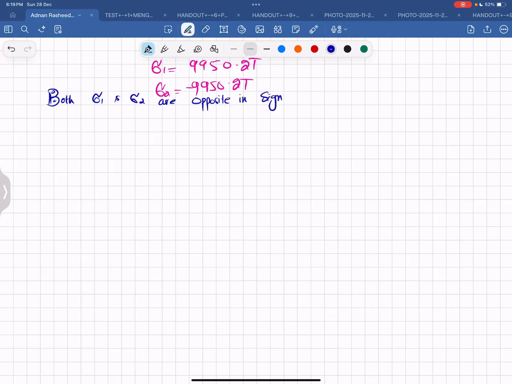When both principal stresses are opposite in sign, according to the maximum shear stress theory, we take sigma 1 minus sigma 2 equal to the allowable shear stress.